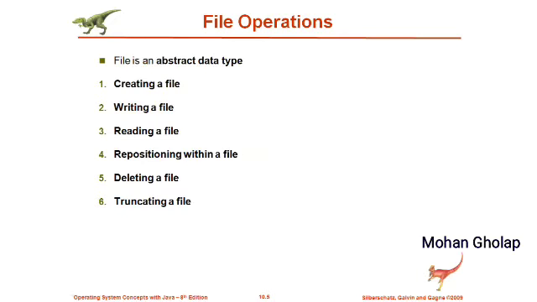The first is free space should be available, and second, the entry for the new file must be made in the directory, because in the previous slide we saw that all the different attributes of the file are stored in a particular directory. So in order to create a new file, first we should have a free space for the file, and second we have to create an entry for that in the corresponding directory.